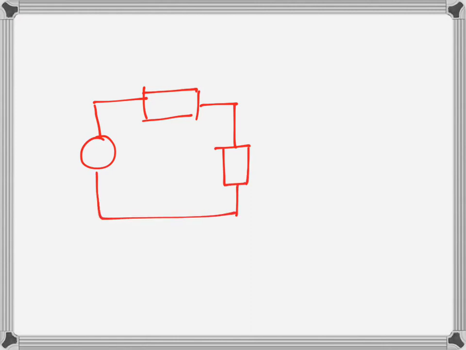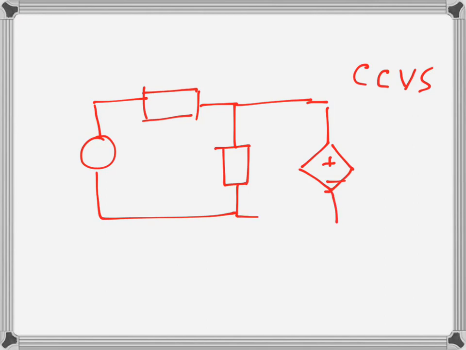Let's say we have a circuit like this. There is an element here, there is another element here, and then maybe here we have, let's say, a current controlled voltage source. So that's current controlled Vs. The source is a voltage source, but the value of that one is controlled by the current through one of the branches here.